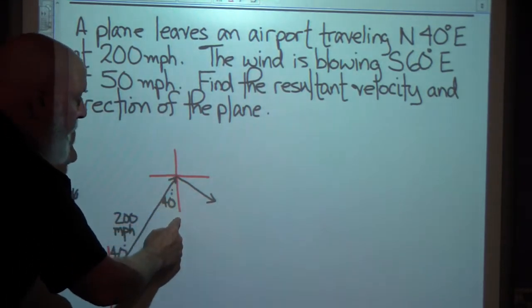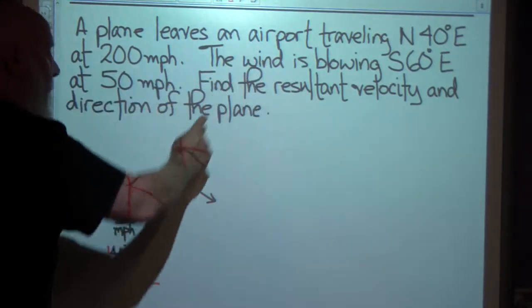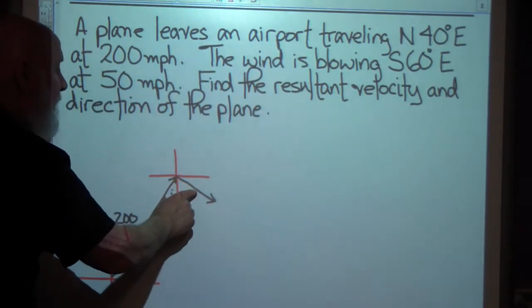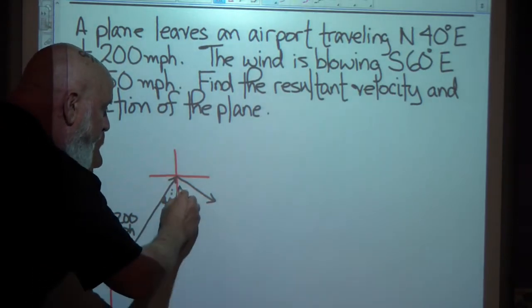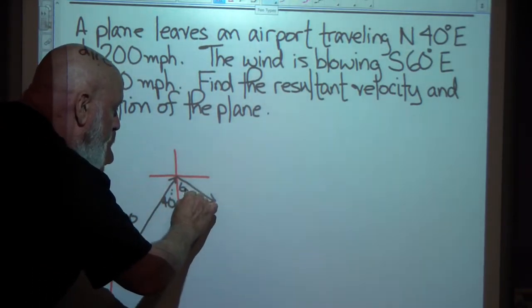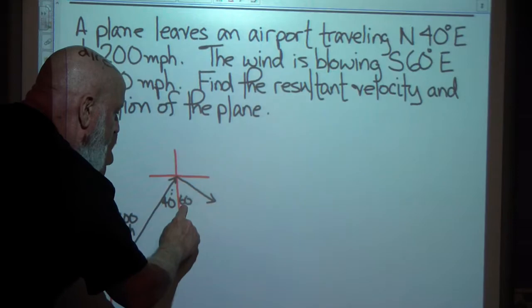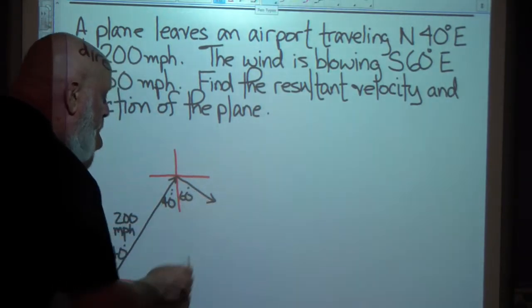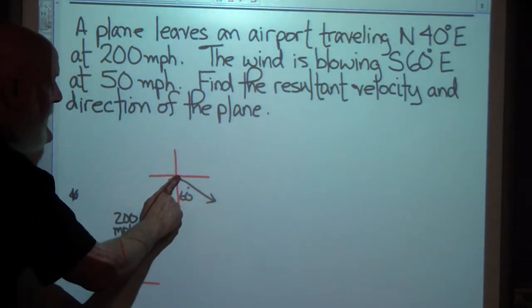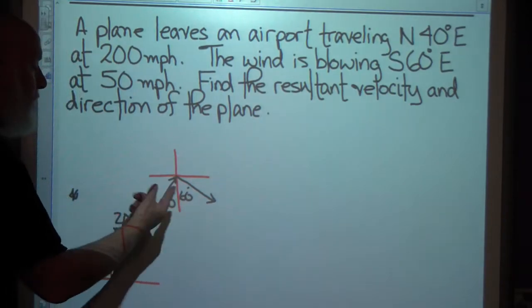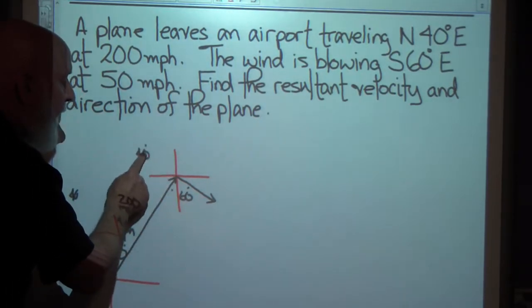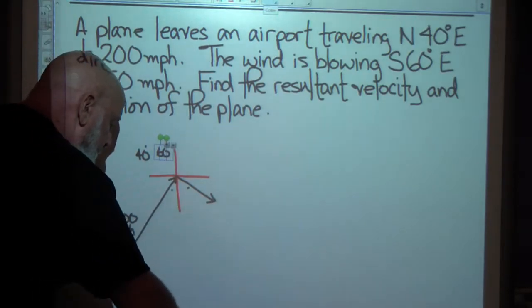Now I just rotated this angle south 60 degrees east, so I know that this angle is 60 degrees. That's a 60-degree angle right there. And that makes this angle 40 plus 60, which is 100. So I'm going to move those out and write 100 right here.